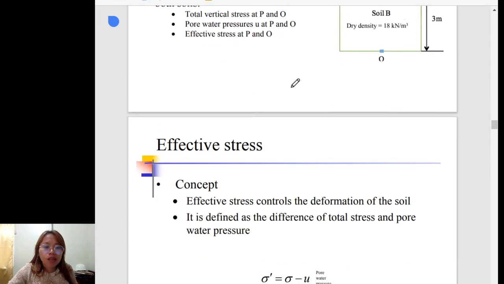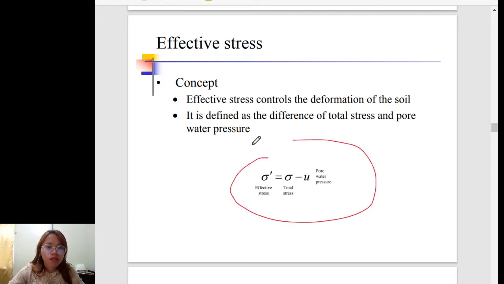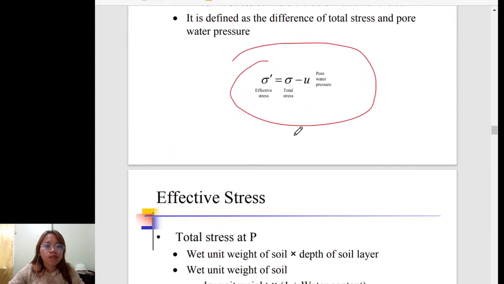So to answer this one, we have this concept. The effective stress controls the deformation of the soil. It is defined as the difference of total stress and the pore water pressure. This is the concept of the effective stress.